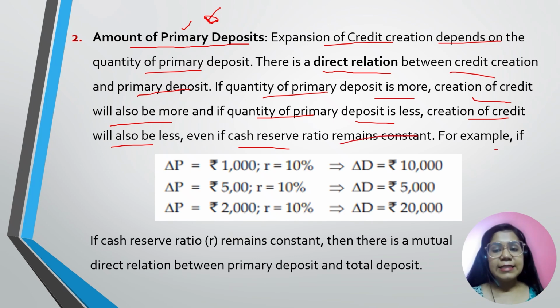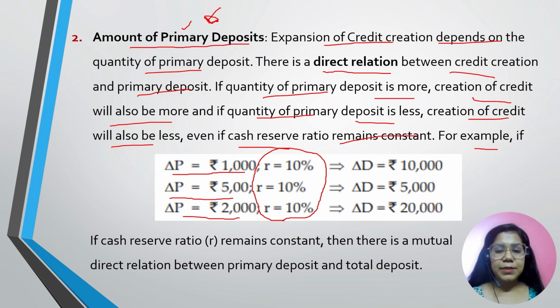So see, we are taking the change in primary deposits as 1000 rupees in the first case, 500 rupees in the second case, and 2000 rupees in the third case. In all three cases, we are taking the cash reserve ratio to be constant, that is 10%. When primary deposits are 1000 rupees, the change in total deposits is 10,000.